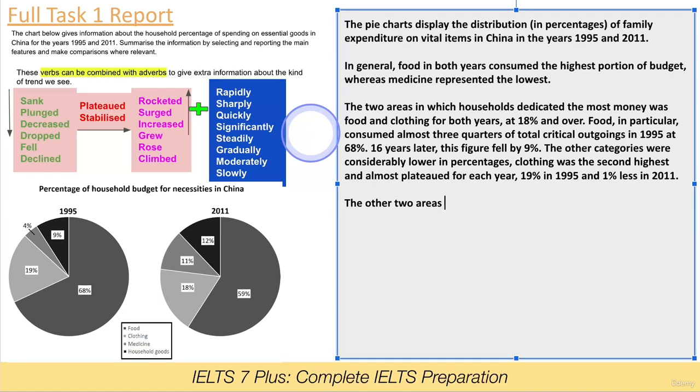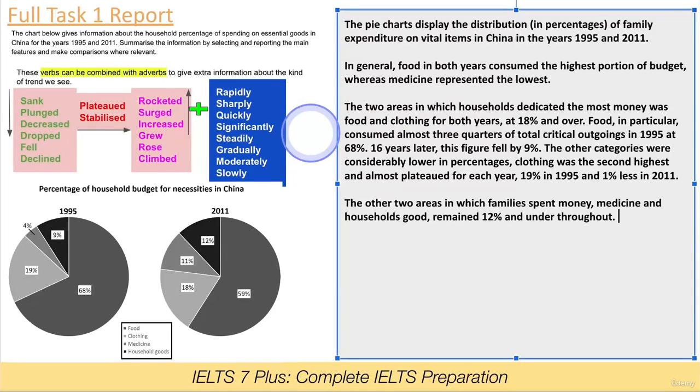So the other two areas in which families spent money, medicine and household goods, remained 12% and under throughout, we can say. So we're grouping them together here. Okay, let's have a think.